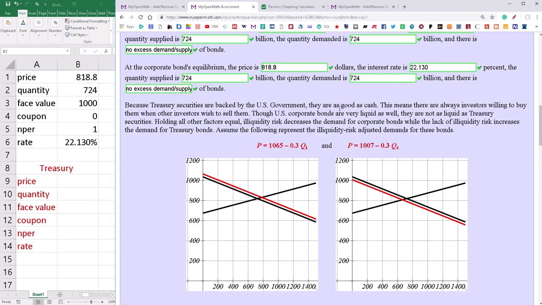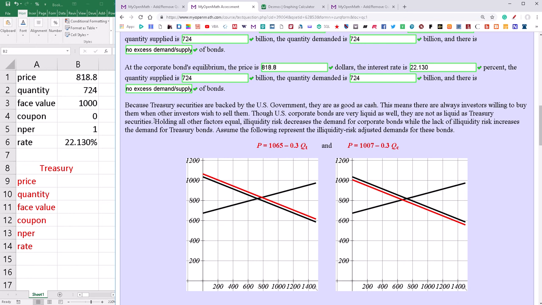Okay, now, because treasury securities are backed by the U.S. government, they're essentially as good as cash. This means there are always investors willing to buy them when other investors wish to sell them. And it's very liquid. Lots of people are buying and selling them. They're probably the biggest market on the planet. Corporate bonds are liquid too, but they're not as liquid as treasuries.